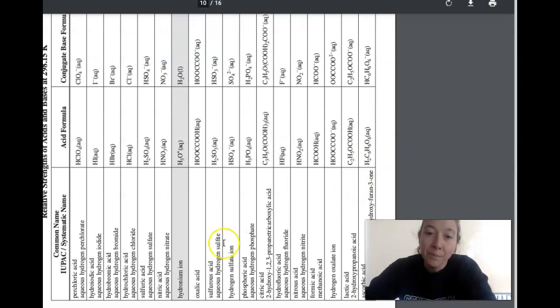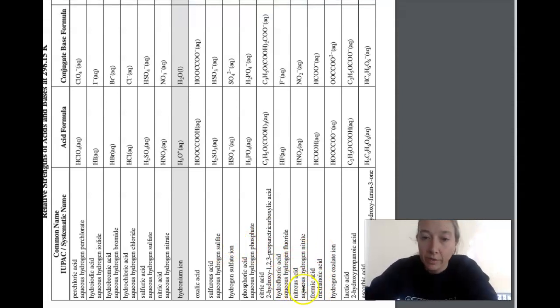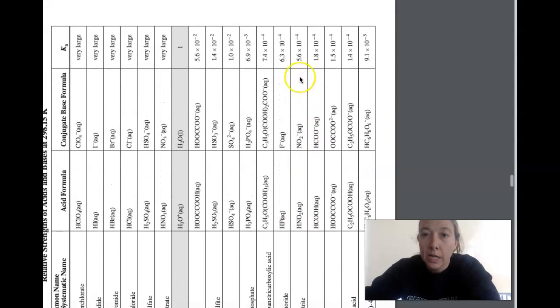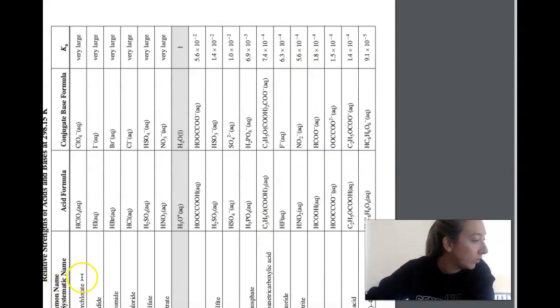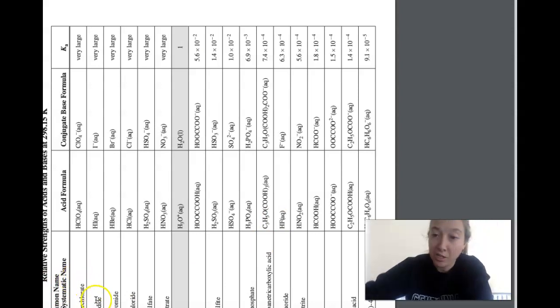I figured that would probably be easier. Of course, it is now sideways, because this table is sideways. But here is your nitrous acid. It's on the top half of the page, just a little bit above the staples. So HNO2 turned to NO2 minus. It has a Ka value of 5.6 times 10 to the negative 4. I'm glad I looked it up because it has changed from 25 years ago.